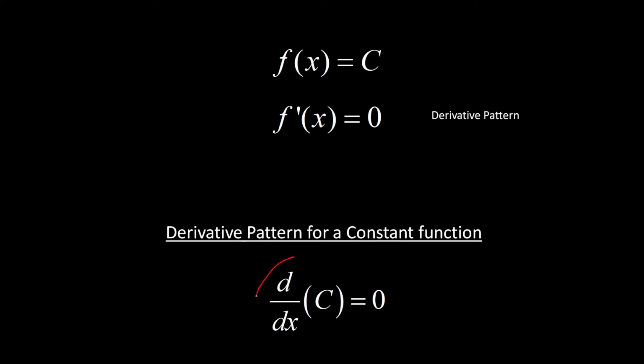And with our operator notation, this is how we would write it. So this is the command. It's telling us to take the derivative. The derivative of a constant is always 0.